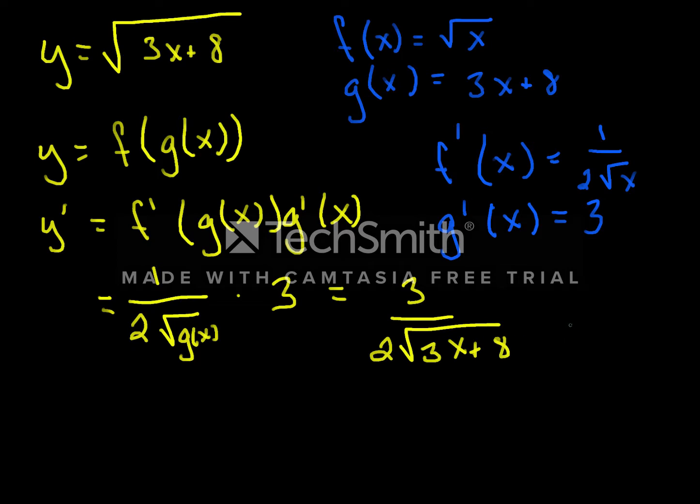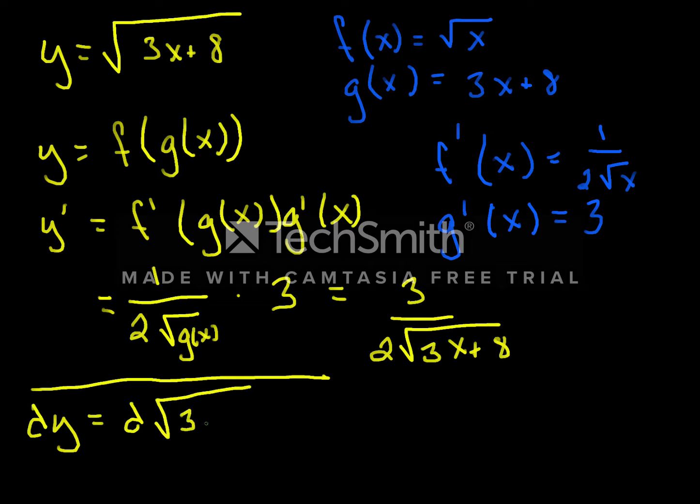I already said I was going to do this two different ways. So using the differential method, dy is the differential of the square root of 3x plus 8, which, fully recognizing this as a power rule, is 3x plus 8 to the 1/2 power.